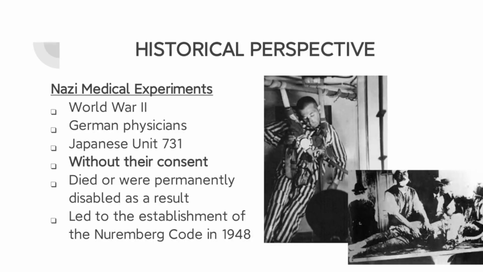Take note of this, no? Walang permission and consent. Same goes, we have also the Japanese Unit 731 during World War II. They also conducted a series of experiments towards their prisoners of war, without their permission and consent. So most of the subjects of these experiments died or were permanently disabled as a result.